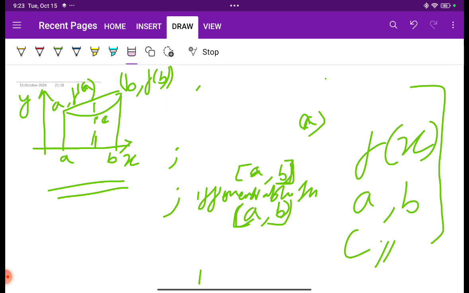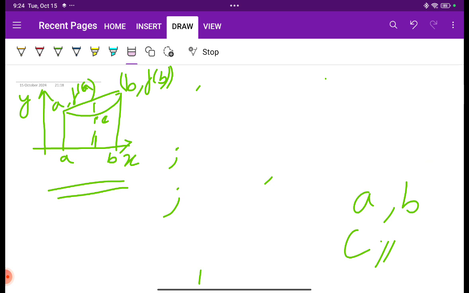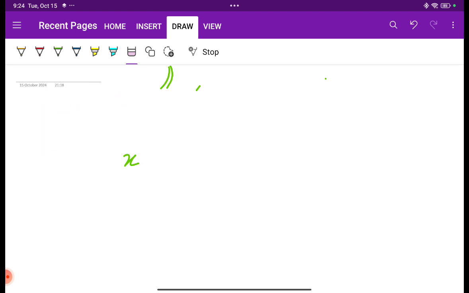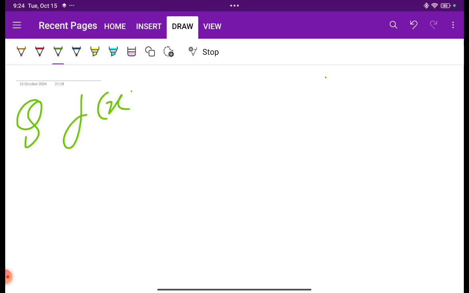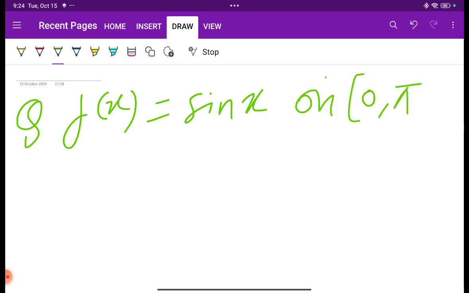Now let's move forward. Let us solve one problem by which we will understand Lagrange's mean value theorem in a proper way. So here's a question. It's given as f(x) equals sin x on [0, pi].